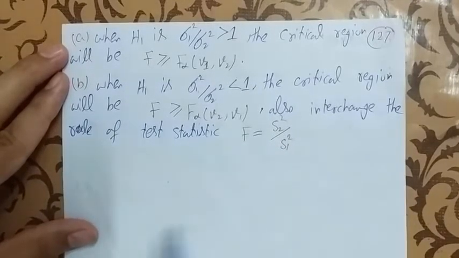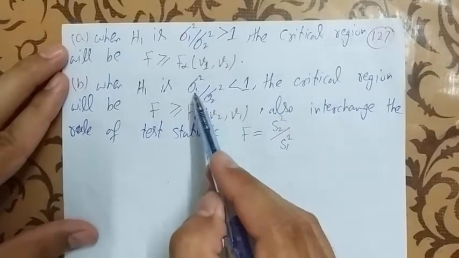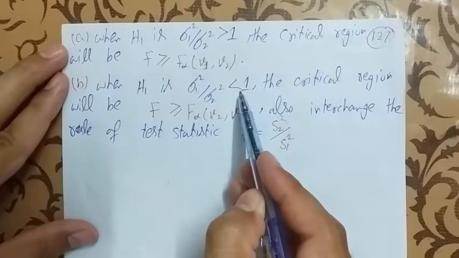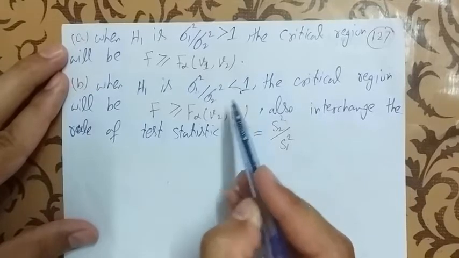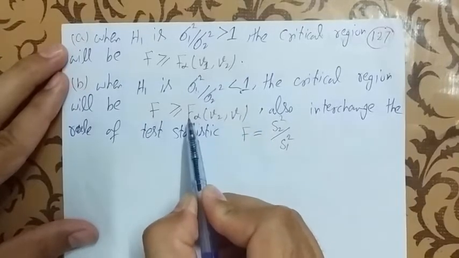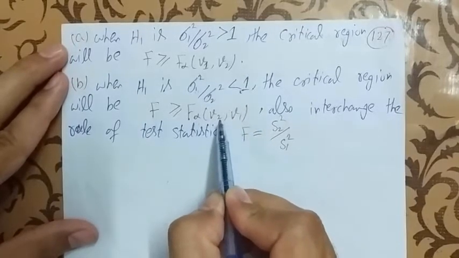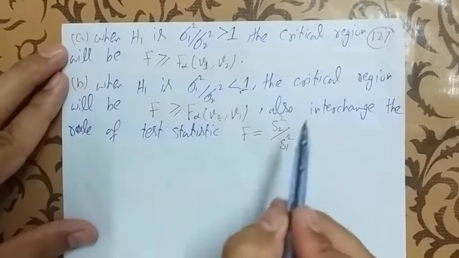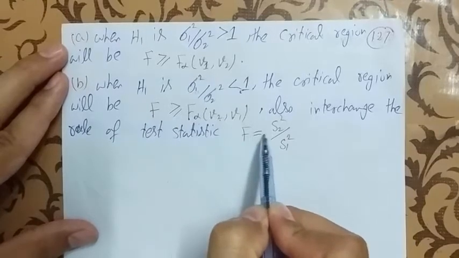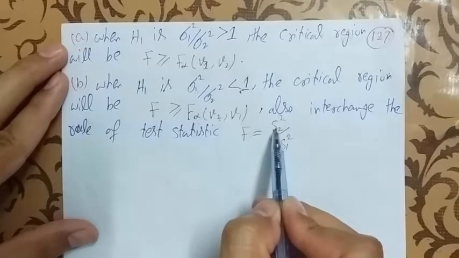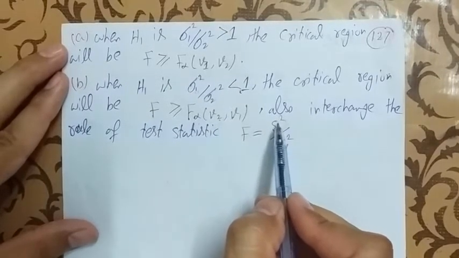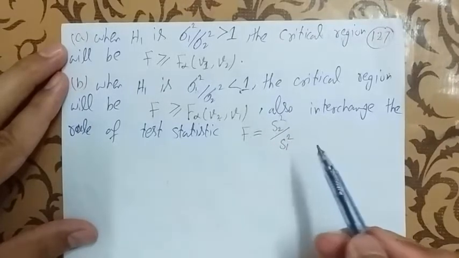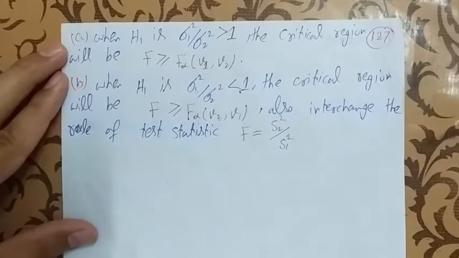Students, this is a very important point. When this is less than 1, then we use this critical region, meaning nu2 comes first and nu1 comes second, and we also interchange the test statistic, that is S2 square comes in the numerator and S1 square in the denominator.